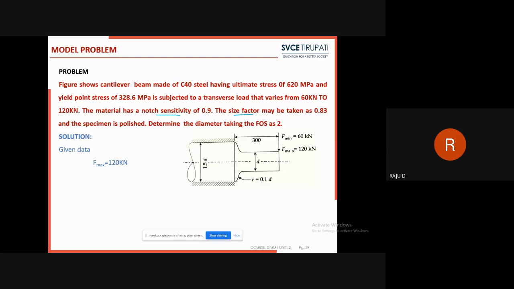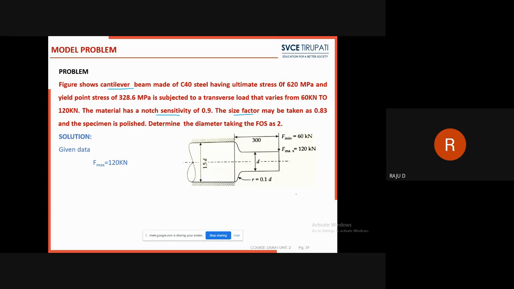Second, if they mention any beam, like a cantilever beam or a simply supported beam. Here, first note down the given data very carefully. What will they give? Ultimate stress sigma u, yield point, maximum load value, minimum load value, q value, and k size value.